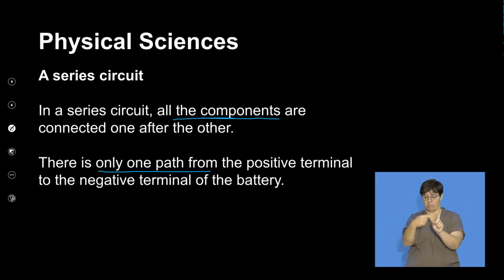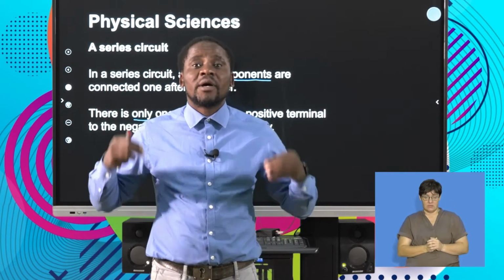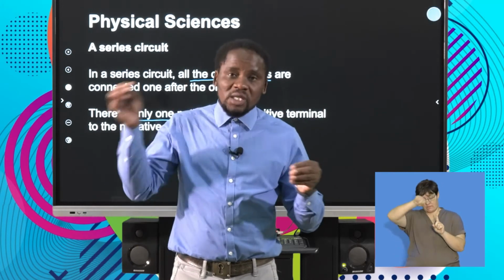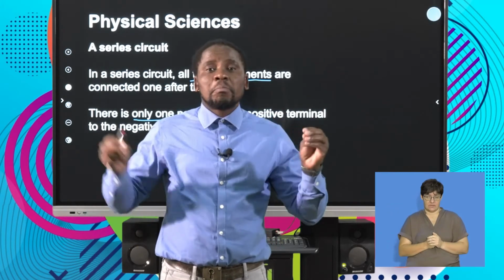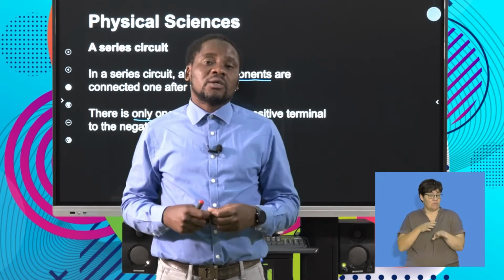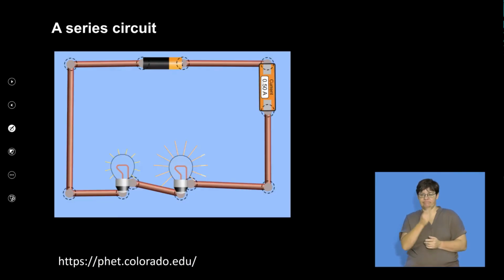Now, this brings us to something that is also very important. Remember, by convention, current moves from the positive to the negative terminal. So if there is only one path for current to flow, then we are having a series circuit. Right, so this is how we identify a series circuit.